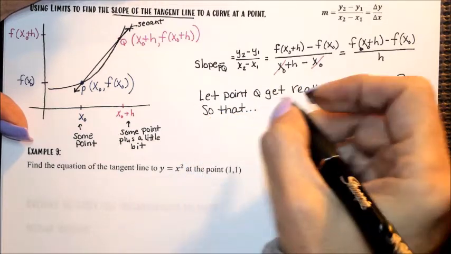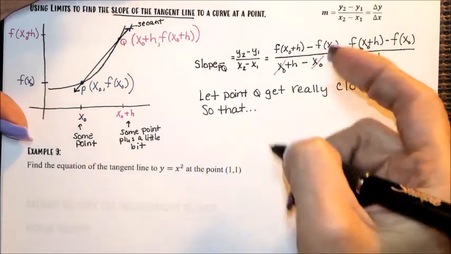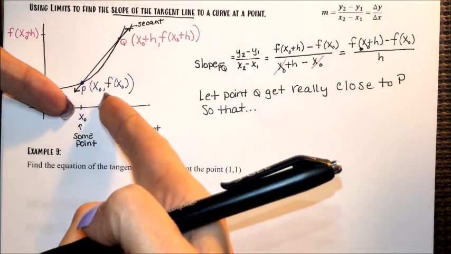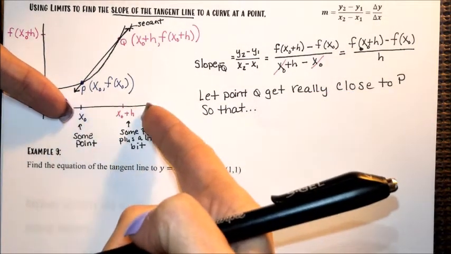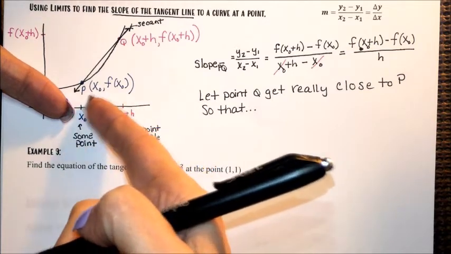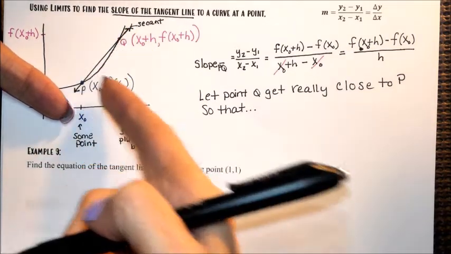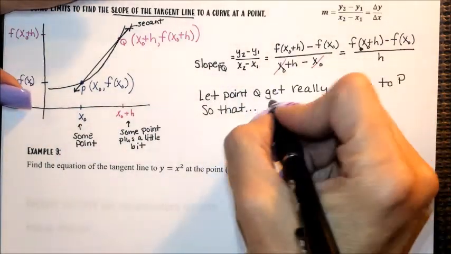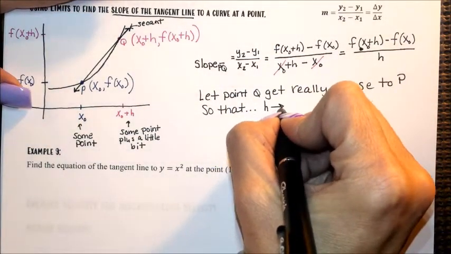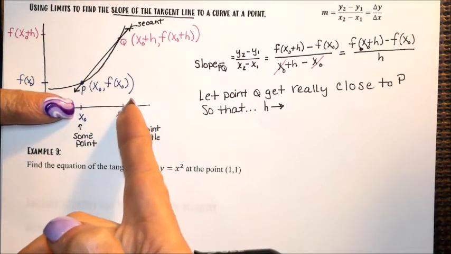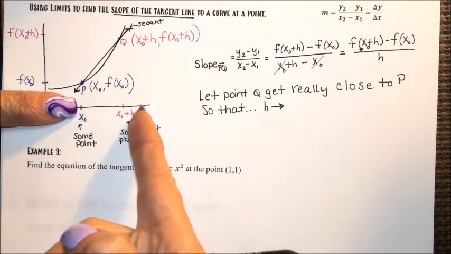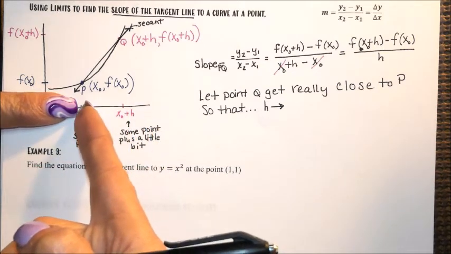What's going to happen? We're going to say that h right here is going to get really, really close to 0. We're moving Q down, which means that h is moving really close. If the distance between these two values is getting smaller, smaller, smaller, h would be, in essence, approaching 0.